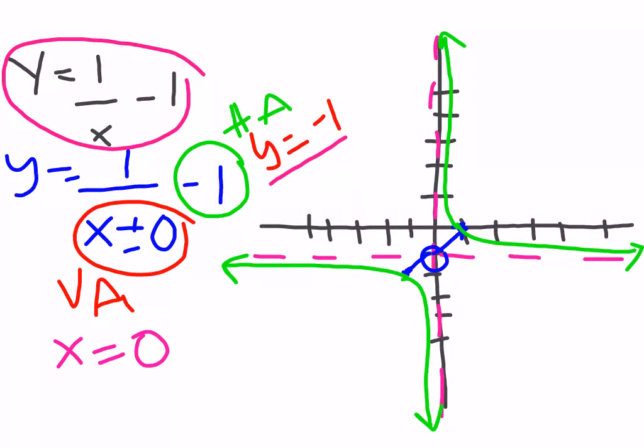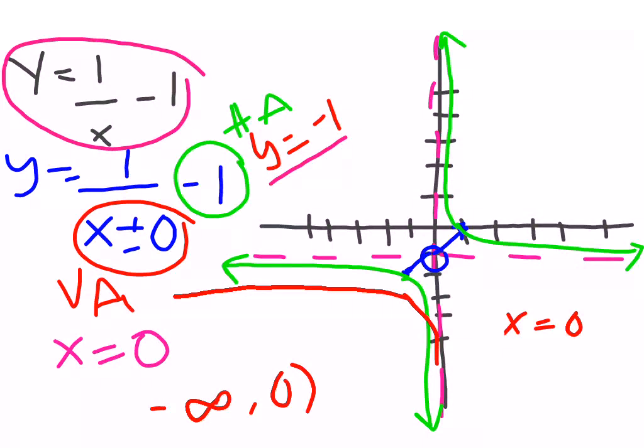I start from the left, move to the right. It's defined here, here, here, all the way up until I hit that asymptote, right? And that asymptote is at x equals 0. So it's defined all the way from negative infinity up to x equals 0.